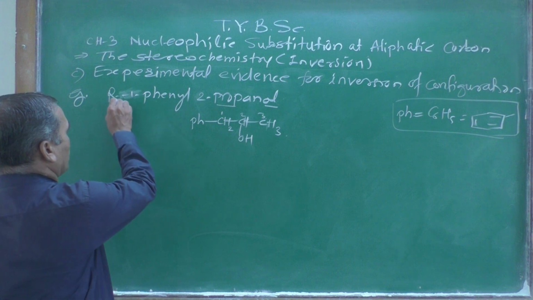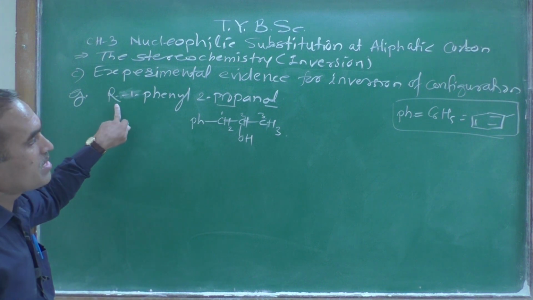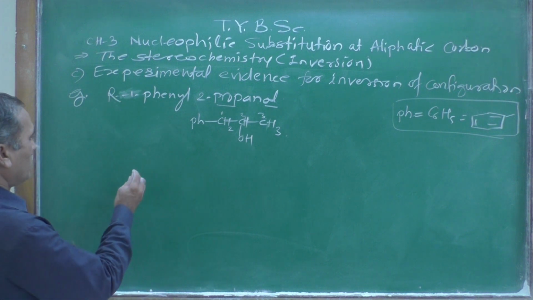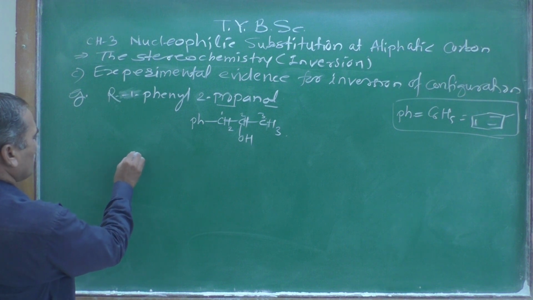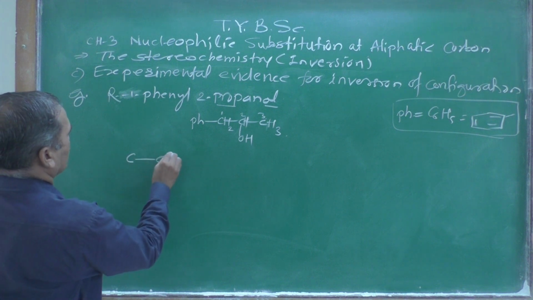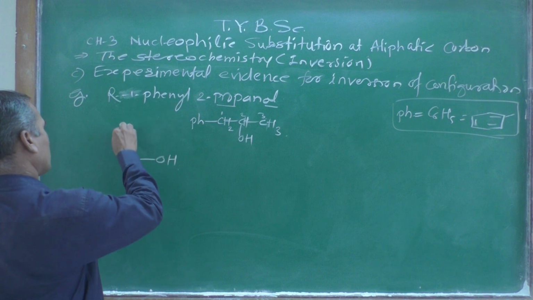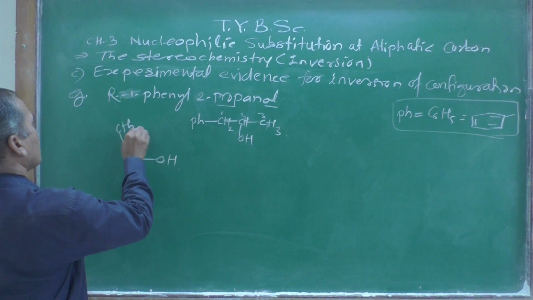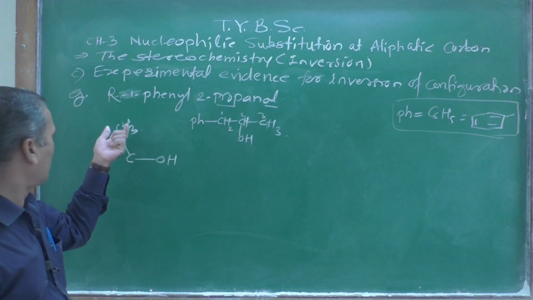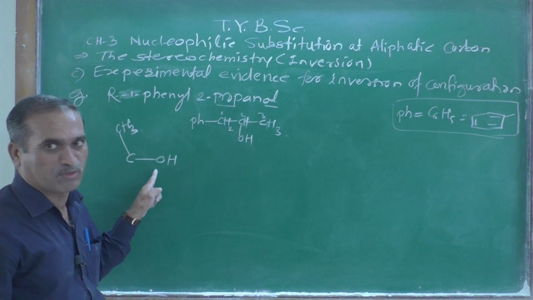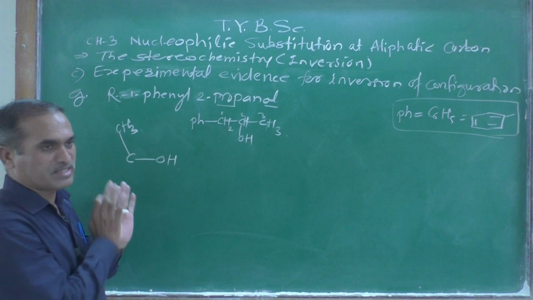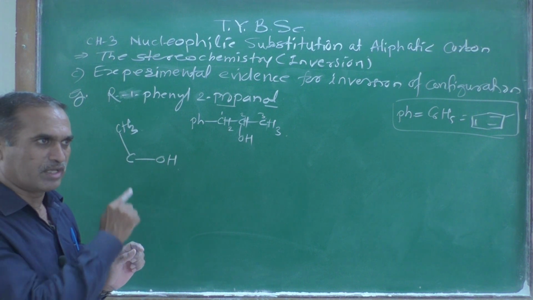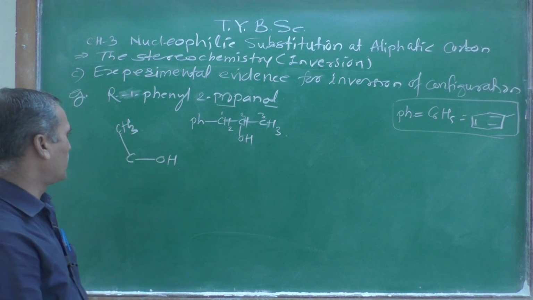Now draw it again in terms of R. Let us see, here the carbon atom and this OH, and one methyl group which I am writing here, CH3. Look at here, the methyl group, carbon atom and OH are lying in the same plane, and that's why I am showing them by normal lines.